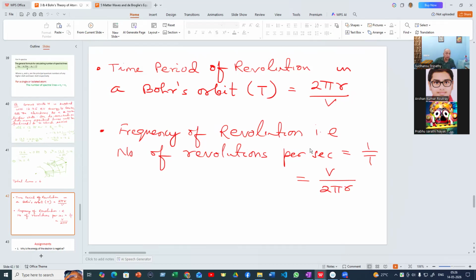So the frequency of revolution per second, how many rounds in one second, is equal to the reciprocal of the time period, 1 by T, which is v by 2 pi r. You can find the velocity.